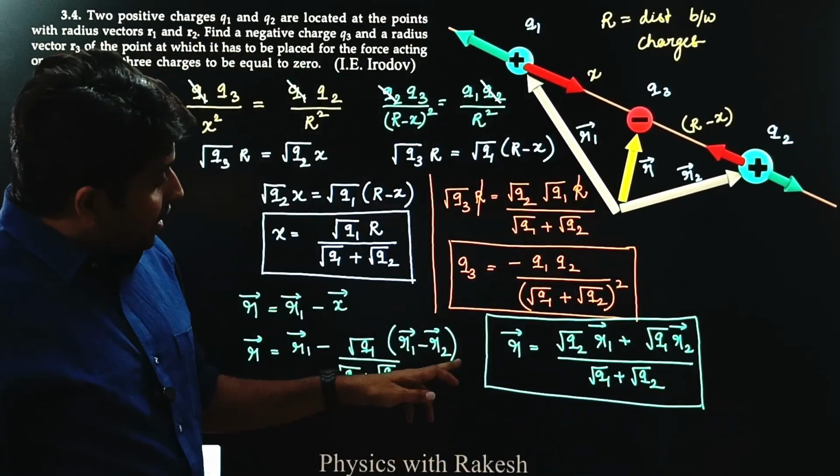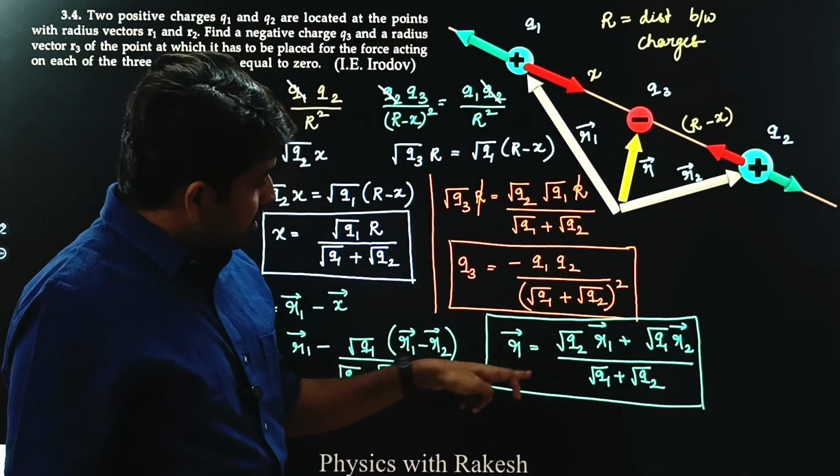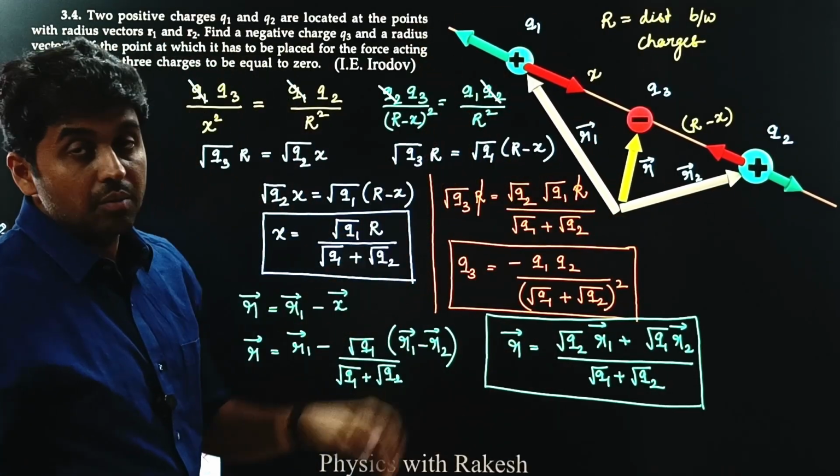So finally, we need to place this q3 negative charge of this magnitude at this position vector so that the force on all three becomes 0.